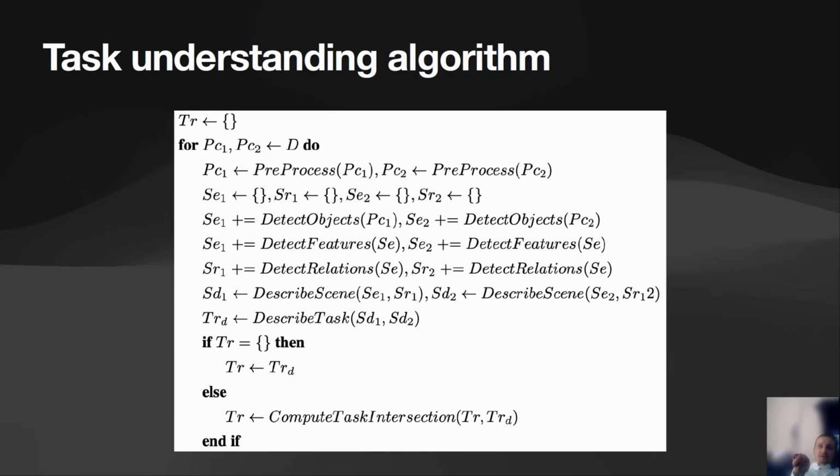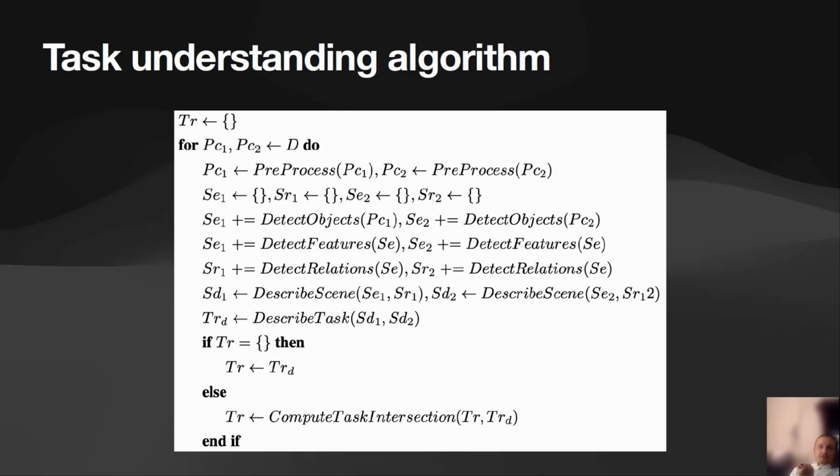Then I detect objects on both of them: first I detect objects on the first point cloud, and then I try to detect the same ones on the second, so I know the transformation between them. Similarly, I detect features on the first and then on the second, and detect relations. I build graphs out of it.